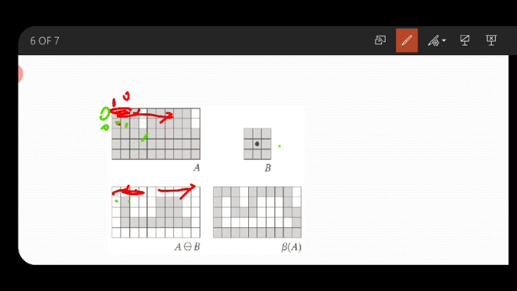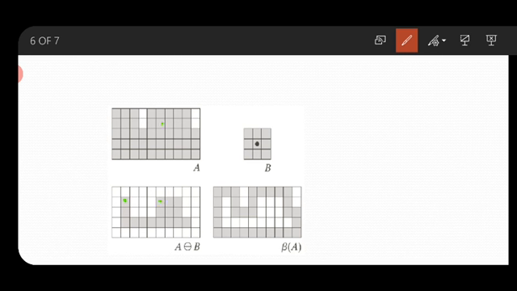In the same way this will get erased. Now this will be erased, and this will be retained. This will be retained. This will be retained. So only that portion will get erased. Now after the erase you will get this one.